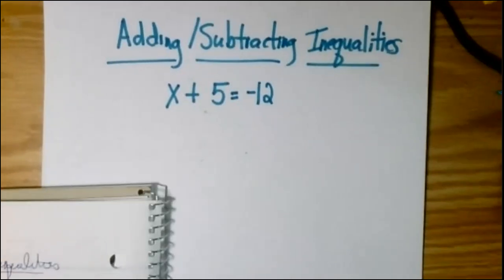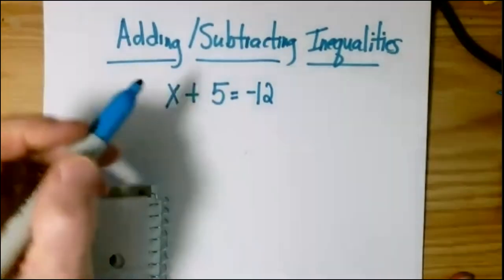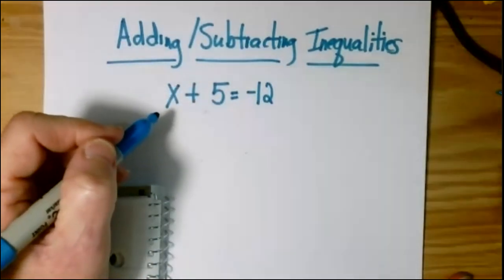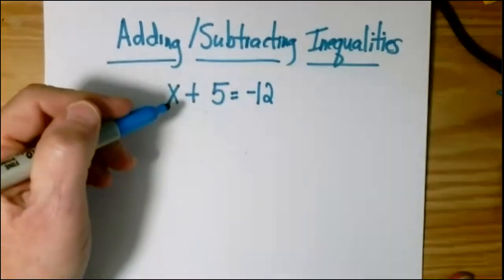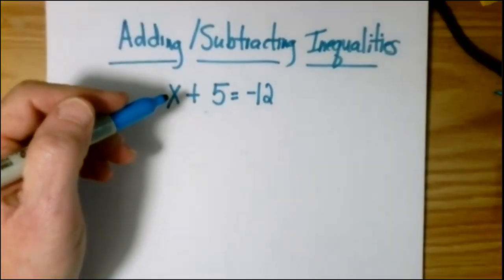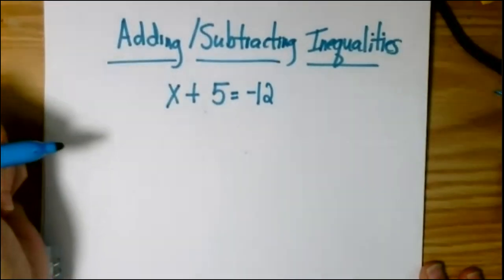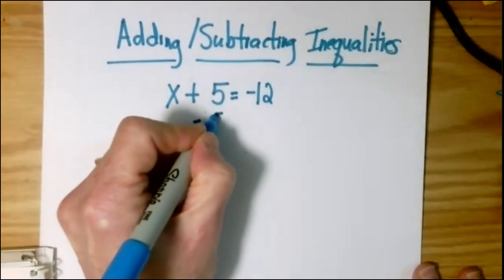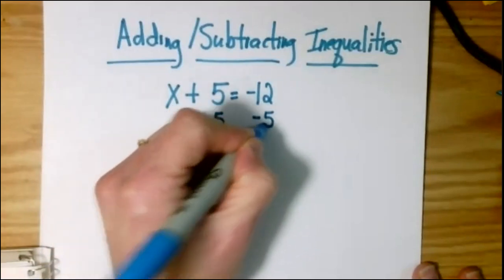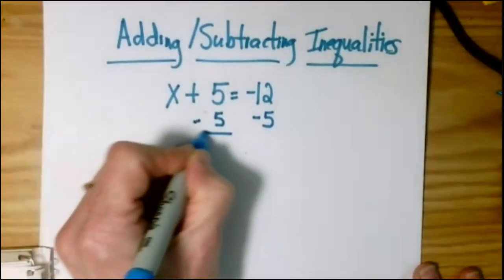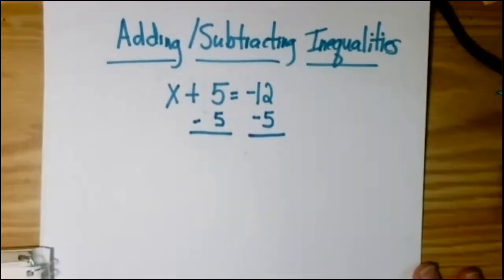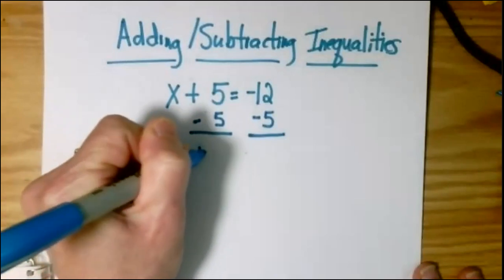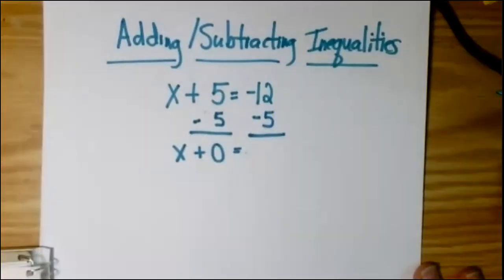Okay, I'm giving an example here. We're going to talk about adding and subtracting with inequalities. First, I put one from our last unit. X plus 5 equals -12. So how would you solve this? If you remember from the last unit, you would use inverse operations to subtract 5 from both sides. If I do that, I end up with x plus 0 equals -12 minus 5.